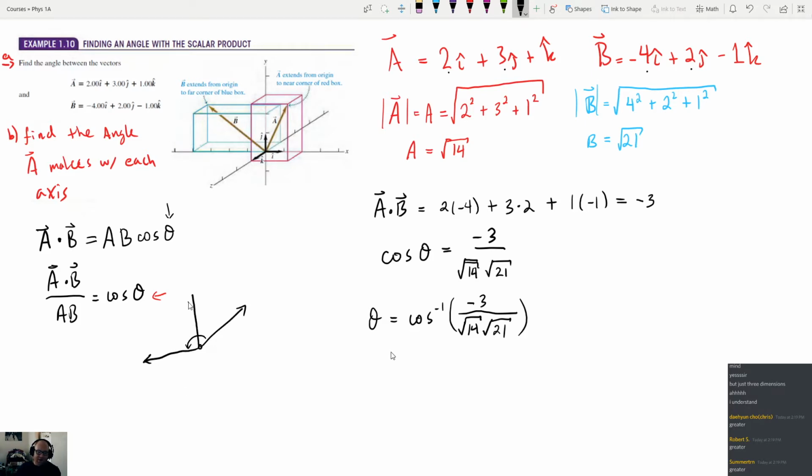So the angle between two vectors could either be acute, between 0 and 90, or it can be obtuse, between 90 and 180. And you're all saying it's going to be greater than 90 degrees. How do you know that before you calculate it? Yeah, the negative sign, exactly.